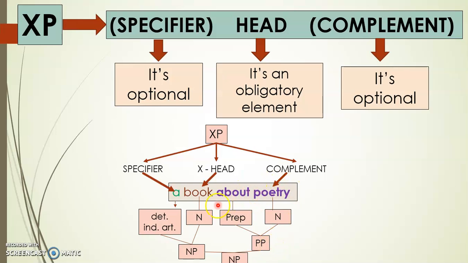If we analyze it, poetry is a noun, about is a preposition, book is a noun, and a is an indefinite article determiner. This is word level. At phrase level, we have the prepositional phrase about poetry, and together with the indefinite article it is a noun phrase. The prepositional phrase is embedded in this noun phrase.